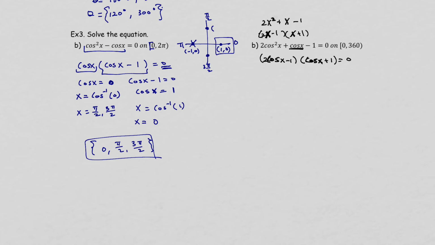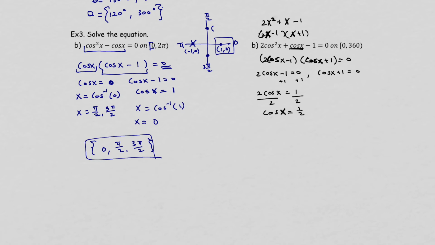Once the factored form equals 0, you're going to let each factor equal 0 and solve them separately. When you add 1 to isolate cosine x by itself, you have 2 cosine x equals 1, and you divide both sides by 2, you get cosine x equals 1/2.